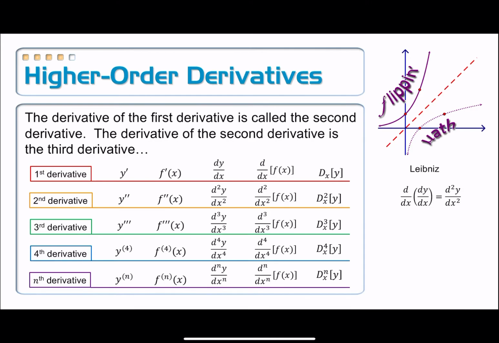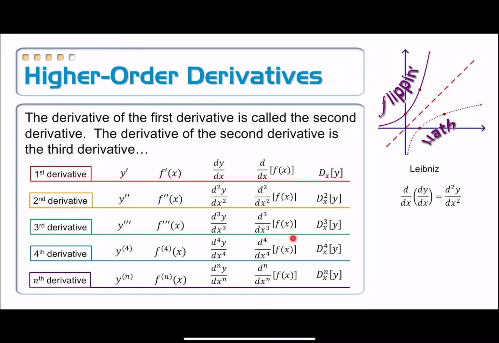Remember that we are taking the derivative with respect to x of dy dx. And now if you think of it as fractions like that, that's where this notation is coming from. You have this d squared, over dx dx, it's like dx squared. And that's the reason for that particular notation, and you can see it plays out with a third derivative, a fourth derivative, and so on.